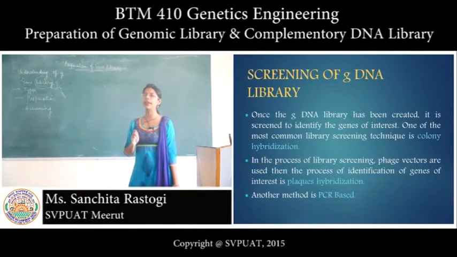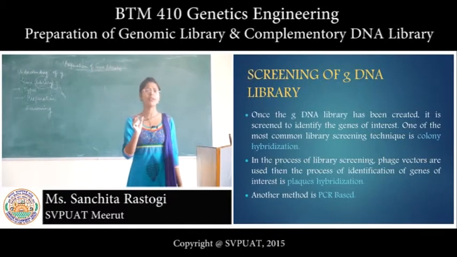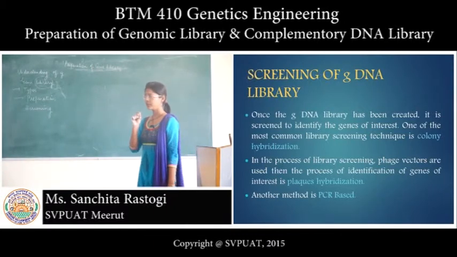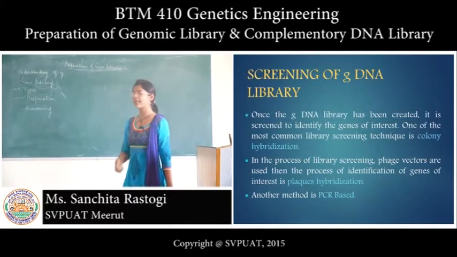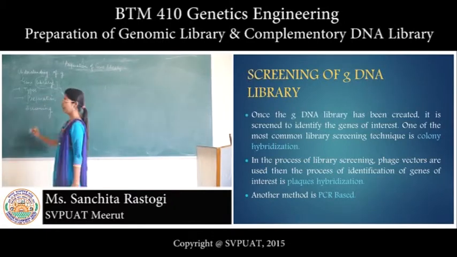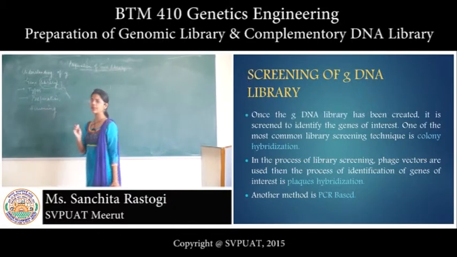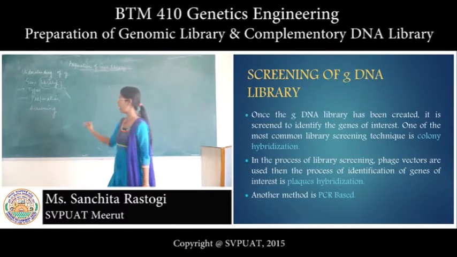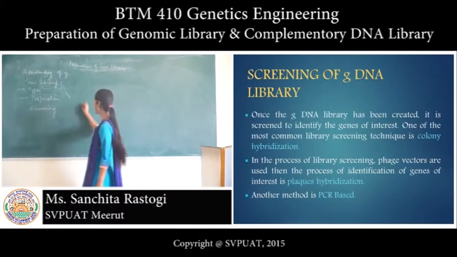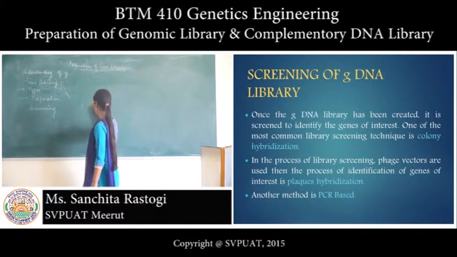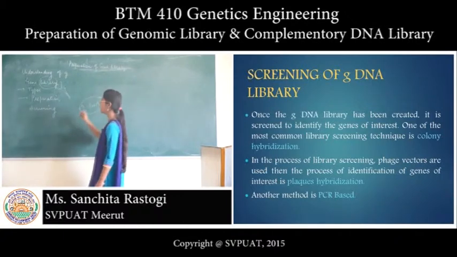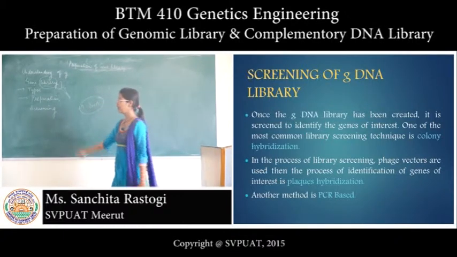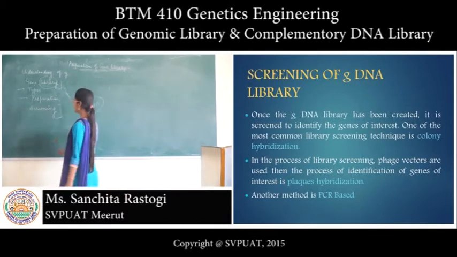We need to know in which part the recombinant DNA has transferred itself. rDNA means recombinant DNA or chimera. This procedure of knowing where the recombinant DNA has transferred itself, we will study in screening.